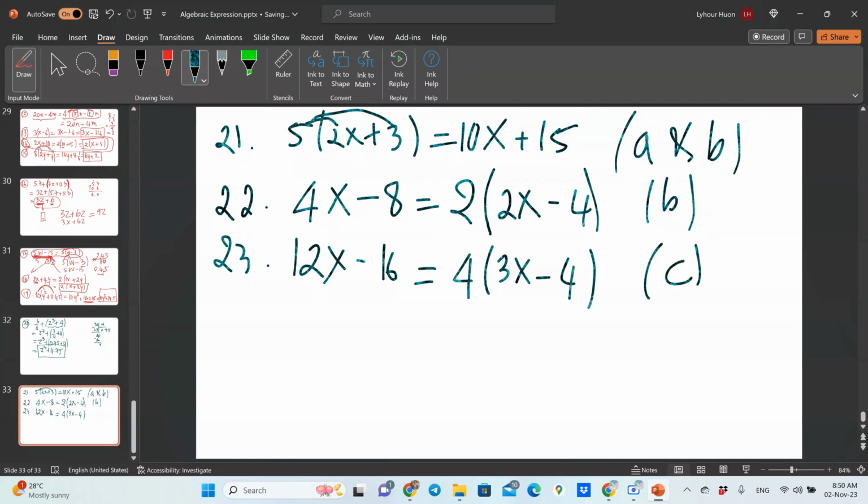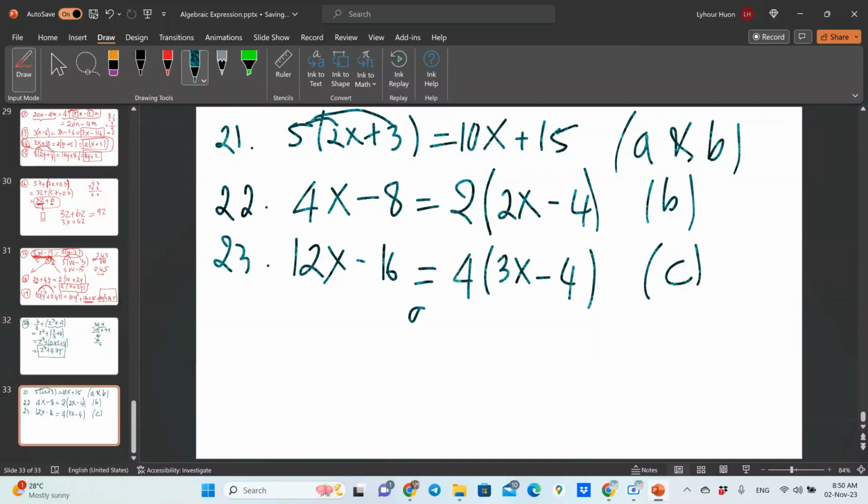But are you checking if there's multiple answers or no? It's multiple answer. I saw the answers in class, but I didn't write them down. I don't know what the answers are, but I know for a fact that there's multiple answers. You can check.